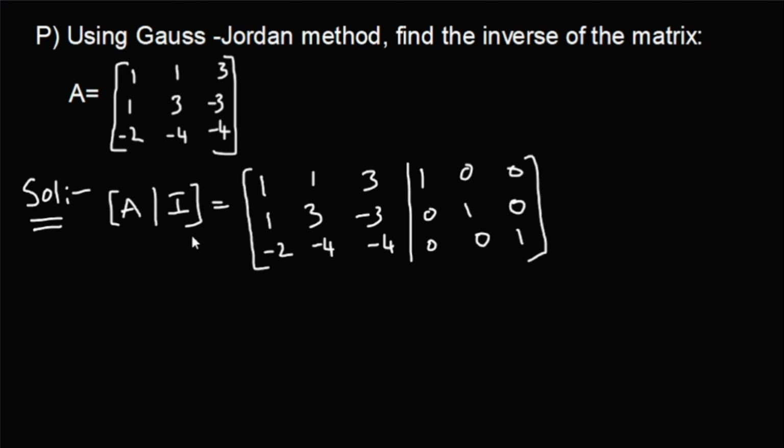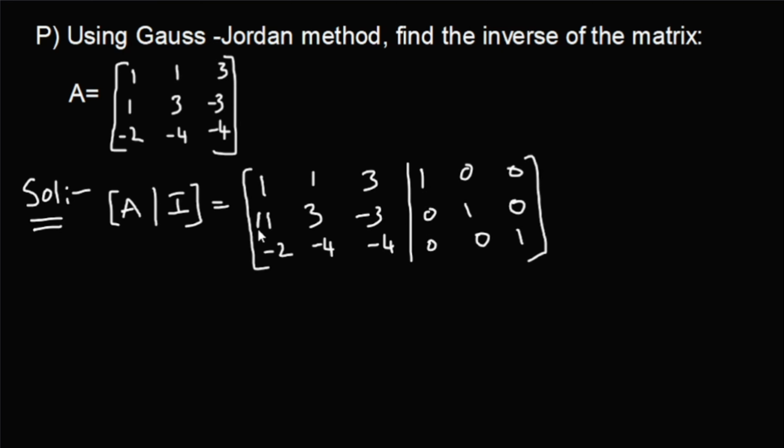Now, we need to convert this first matrix A into an identity matrix. So, how to convert? We have to get ones on the principal diagonal and the remaining entries must become 0.